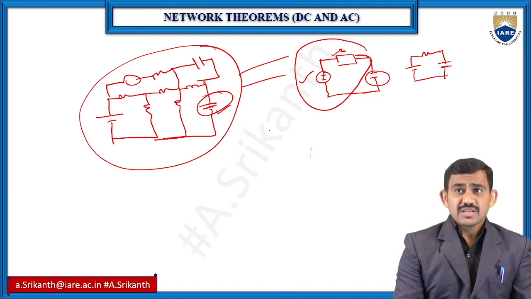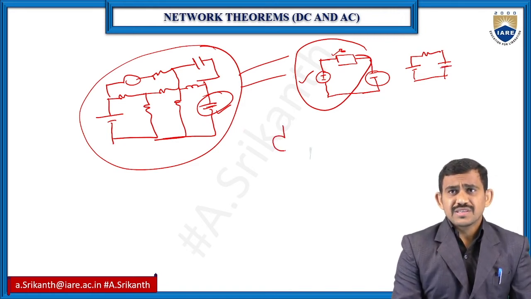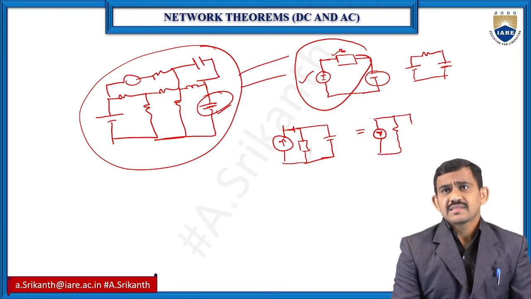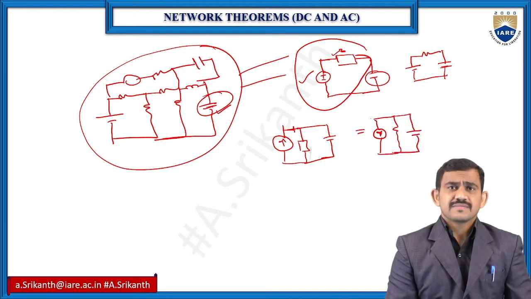Coming to Norton's theorem, the whole circuit converts into a current source in parallel with one impedance, and the capacitor is as it is. For DC we have a current source in parallel with a resistor.